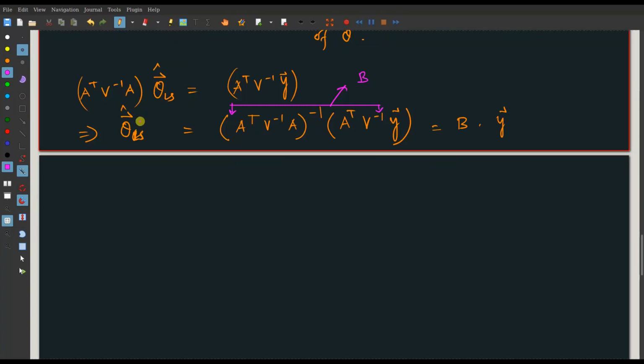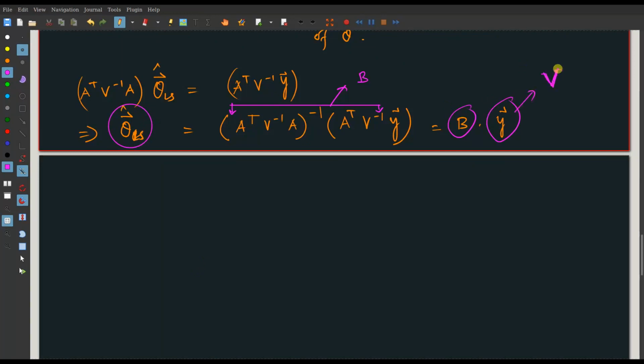To do that, you need to calculate the covariance matrix in this theta basis. If you transform your theta from this Y by a linear transformation, that is B, then you already know the covariance matrix in terms of Y, that was V.